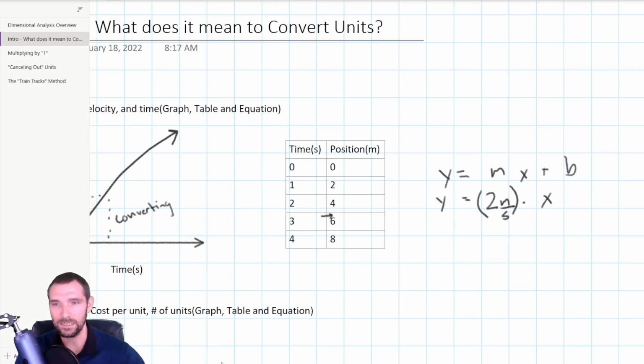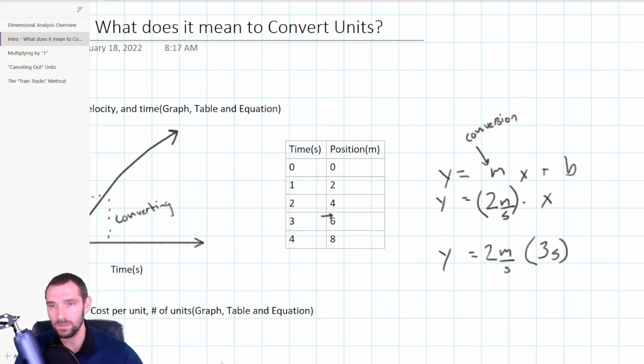And we can plug in x, say x is equal to 3 seconds. So we've got our 2 meters per second, and that's going to be equal to y. There isn't any y-intercept because we're starting at 0. But the main idea here is that when you have this m, that's where that conversion is happening.